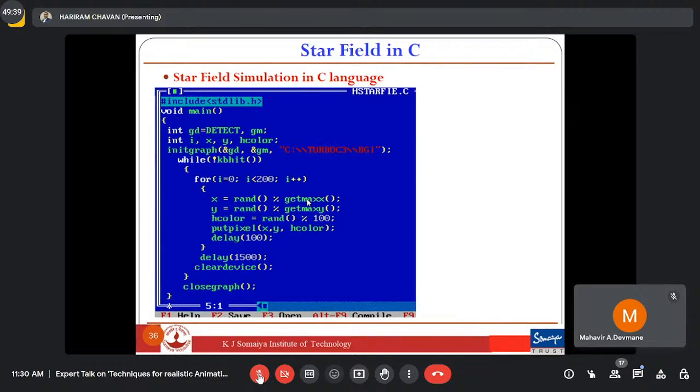First, what I have done is, for embedded graphics, detect GD and GM variables, which we require for the purpose of initializing the graphics adapter. And the third parameter for this initgraph is the library path, which actually talks about the interface as such, and that interface is related to the Borland Graphics Interface.